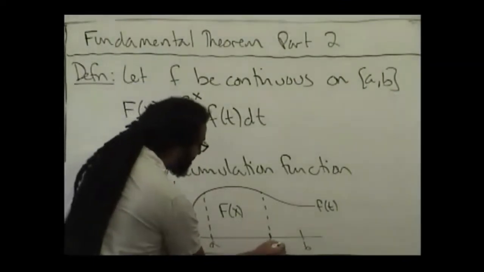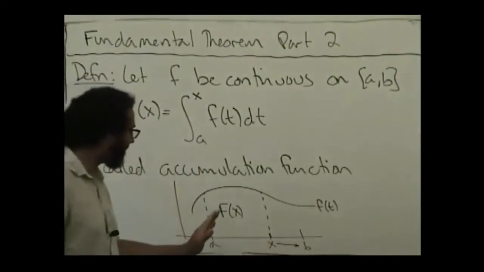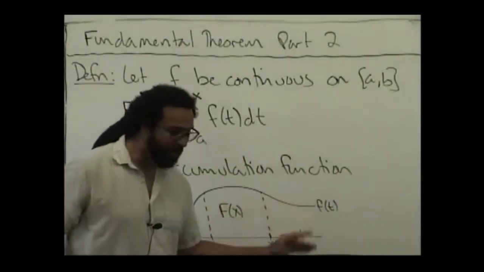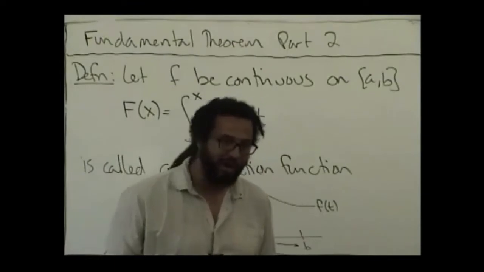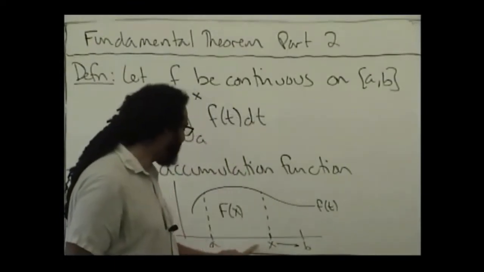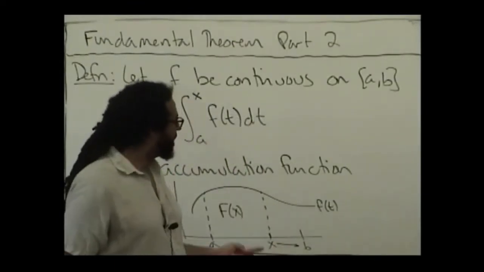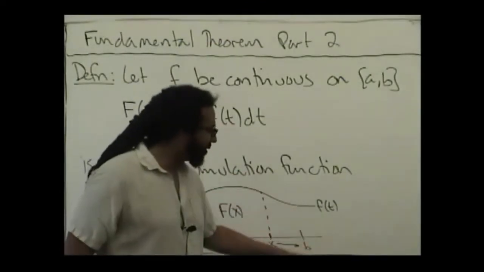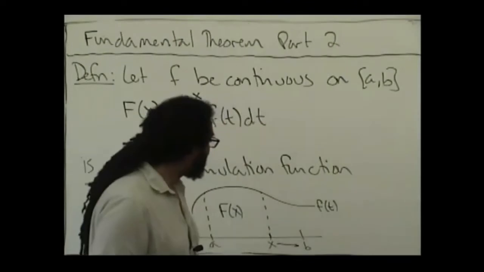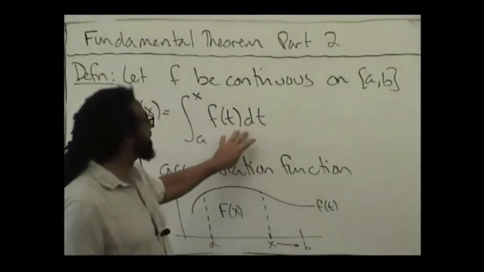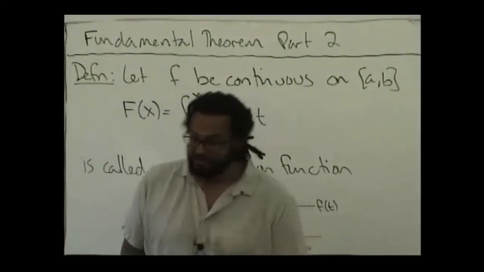And then we move x towards b, and what happens is you get more and more area as x moves closer to b. So you accumulate more area the farther away x gets from a. Unless, of course, the thing is below the x-axis, and then you start to add on negative areas. So let's look at a specific example of an accumulation function.